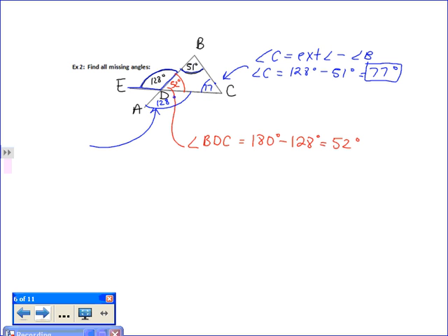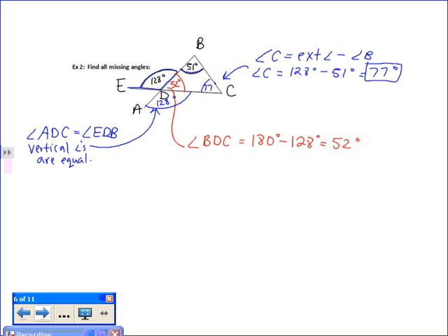So if I were to prove that over here, I know that angle ADC is going to be equal to angle EDB because they are vertically opposite, or in other words, they're vertical angles and they are equal.